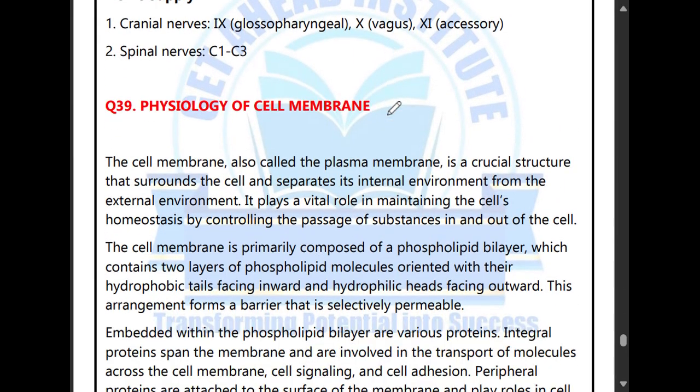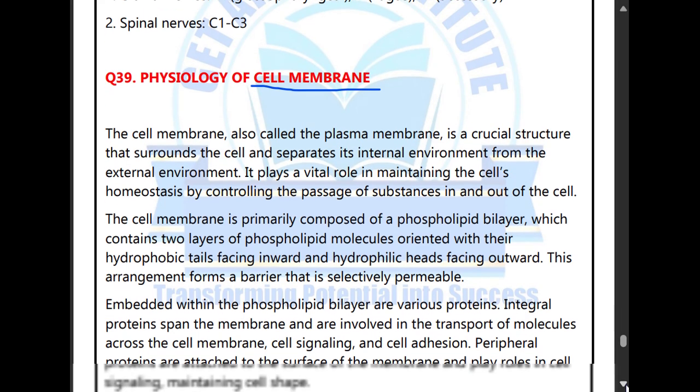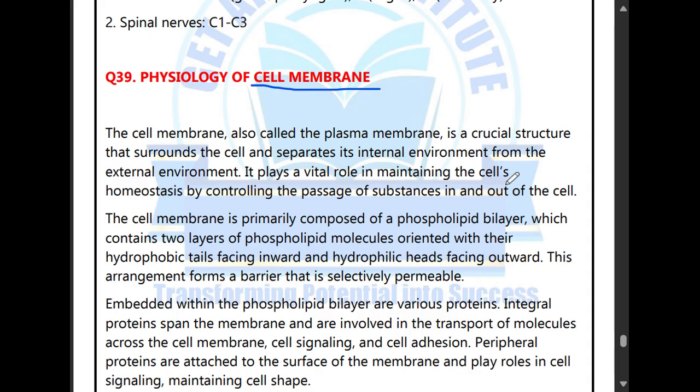Question 39 talks about the physiology of the cell membrane. Even this one, I'll leave it up to you. It wants you to talk about the physiology of the cell membrane. But okay, let's talk about it. The cell membrane is also known as the plasma membrane.